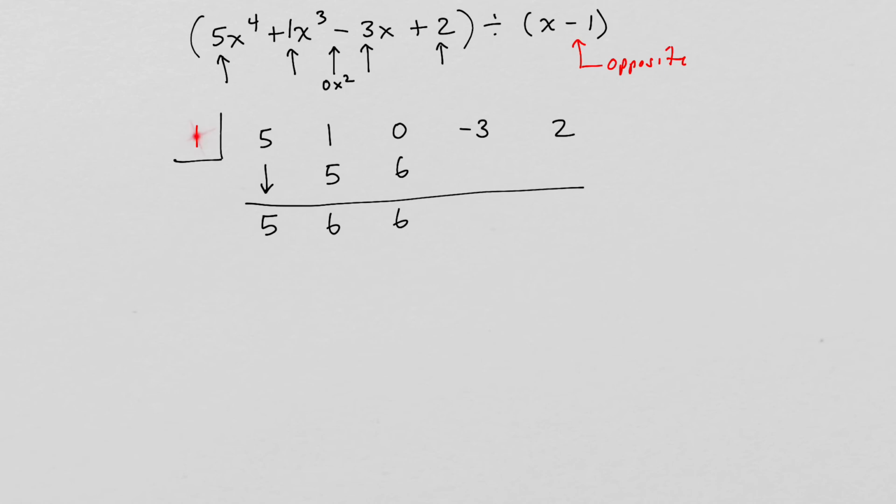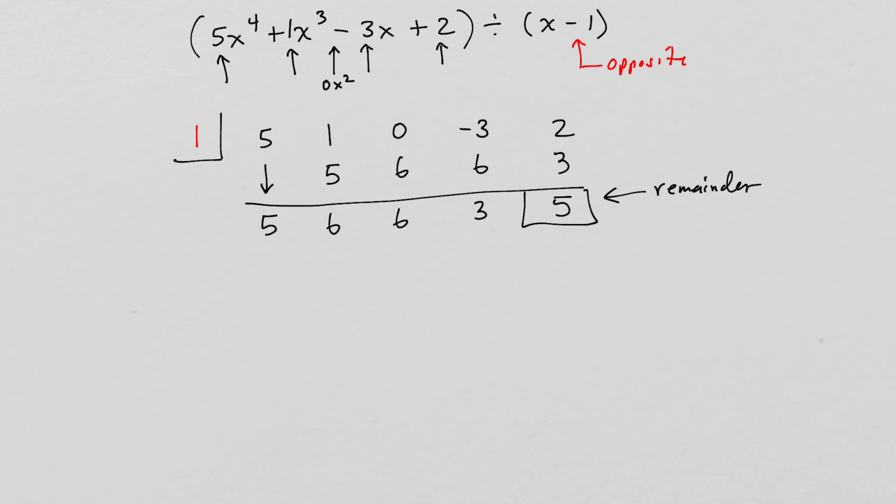Repeat it again. 1 times 6 is 6. -3 plus 6 is +3. And finally, 1 times 3 is 3. And 2 plus 3 is 5. See how fast that is?